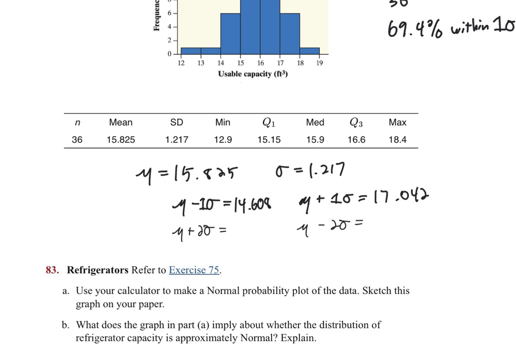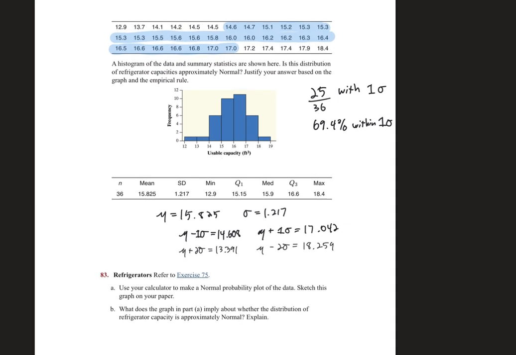So we'll do 15.825 minus 2 times 1.217. That's 13.391. And plus, that's 18.259.